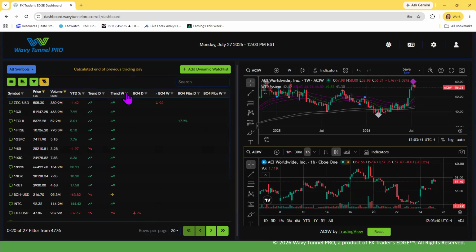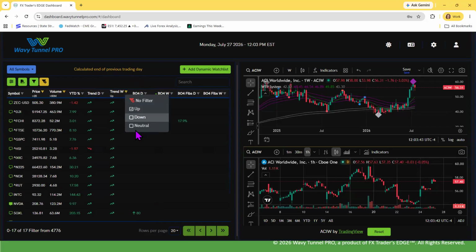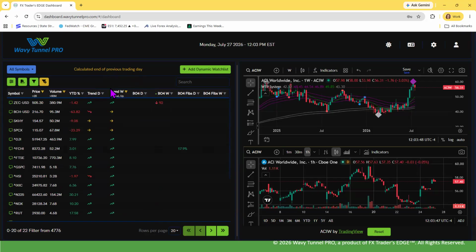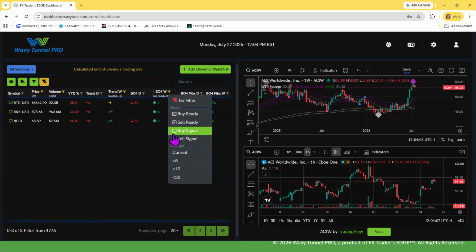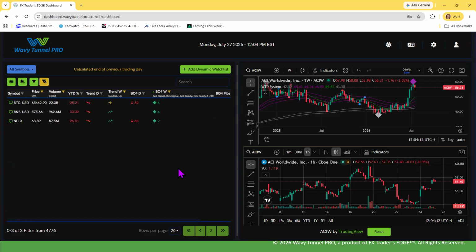We want the weekly trend to be up or neutral, I suppose. And why don't we do the longs and the shorts on the weekly? Buys and the sells, less than 10 candles ago.